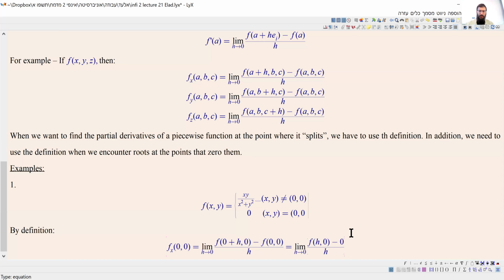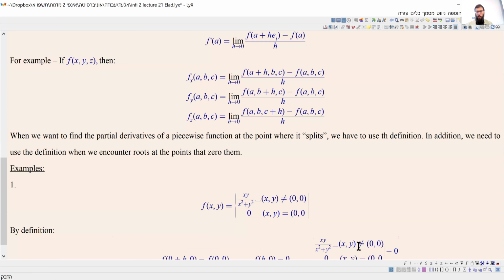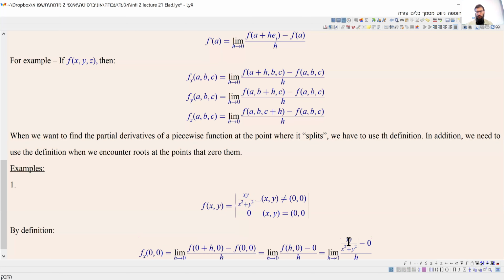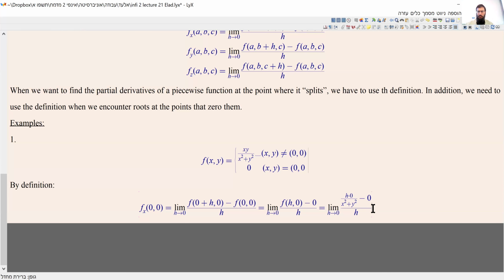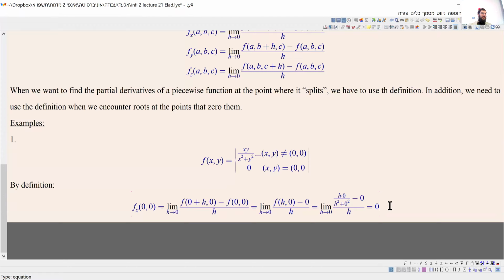And f(h, 0) is putting here h instead of x and 0 instead of y. What are we left with? It's only 0 in the numerator, so the limit is 0 itself.